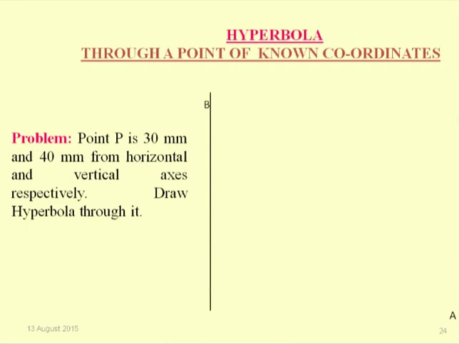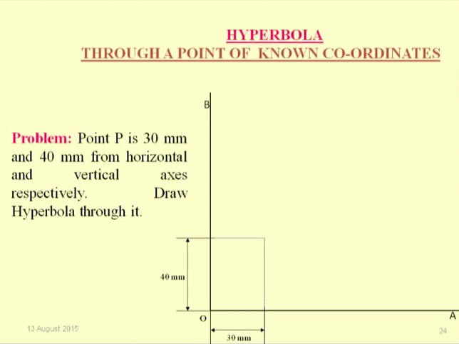So first of all, draw perpendicular axes OB and OA and locate point P such that its distance from point O is 30 mm and from the vertical is 40 mm. So locate point P from the given coordinate values. Name the point P.